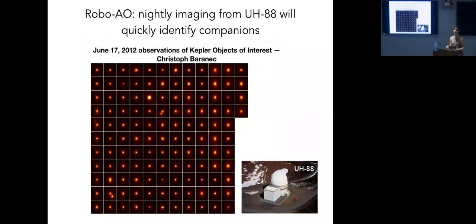In particular, RoboAO will do nightly imaging from the UH-88 telescope, and quickly identify companions. So in one night of observations, over 100 stars can be observed with direct imaging. You can see some of them have companions. So hopefully between Trent and Christoph and all of the direct imaging expertise up here, you guys are going to have a field day and write tons of publications about all of the false positives that TESS finds.